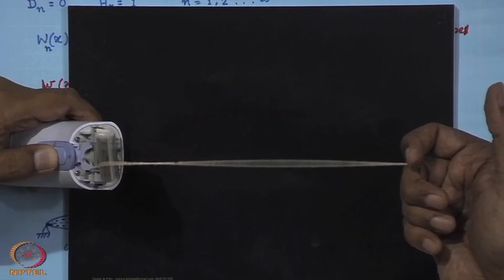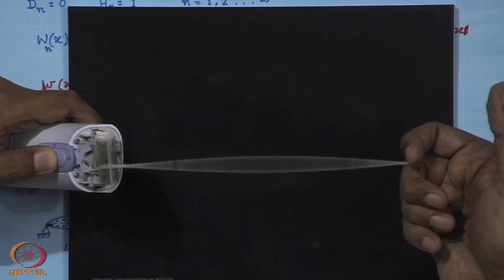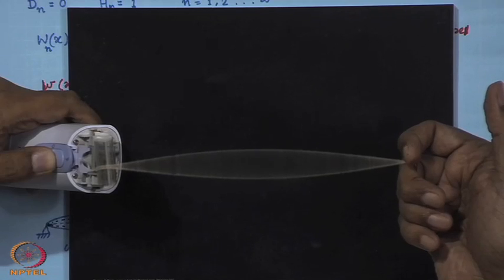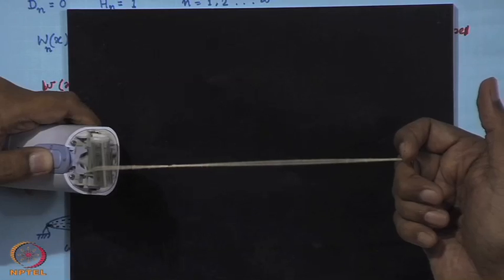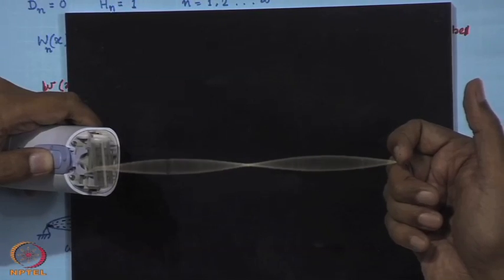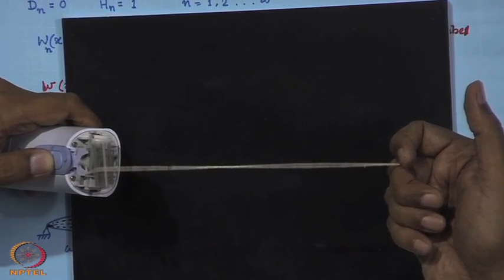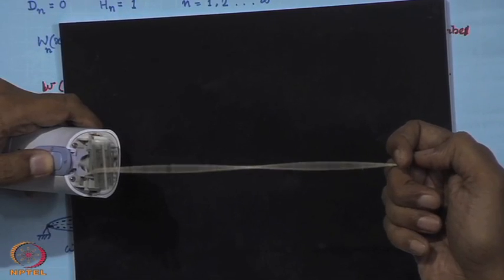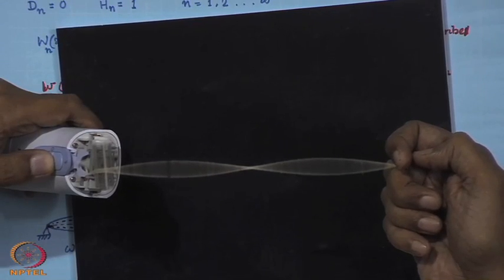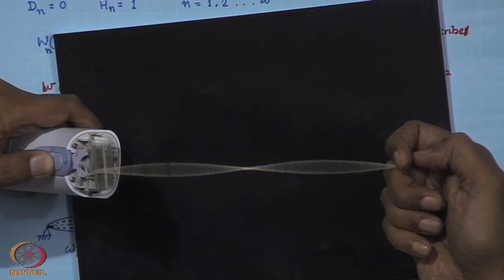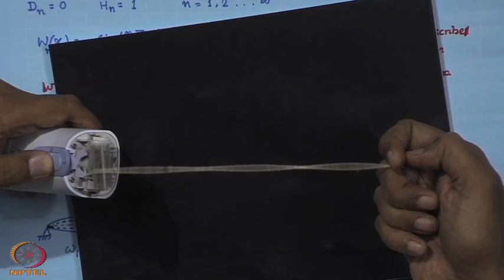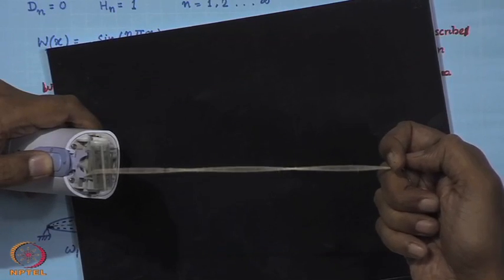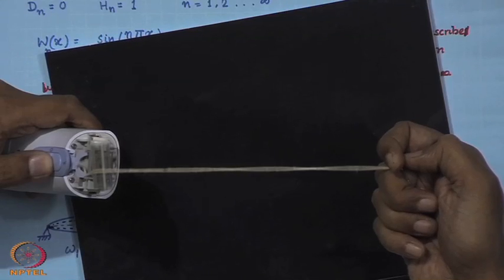So, this is the first mode of vibration of the string. This is how it will look when it is vibrating in the first mode. Now, let me try the second mode. So, this is the second mode of vibration of the string, and I may also try the third mode, which may not be visible very clearly because the amplitudes are so small.